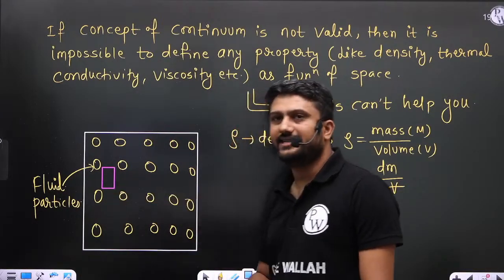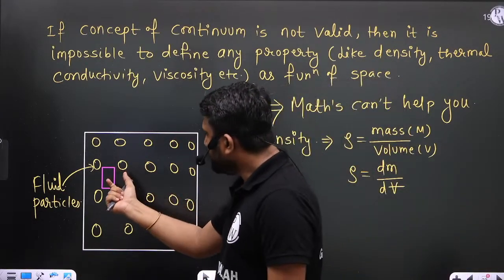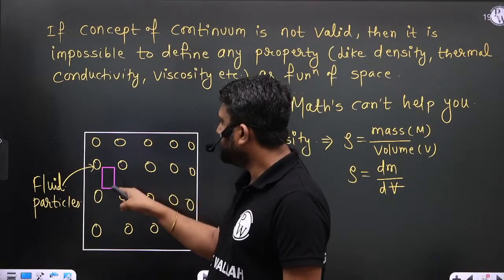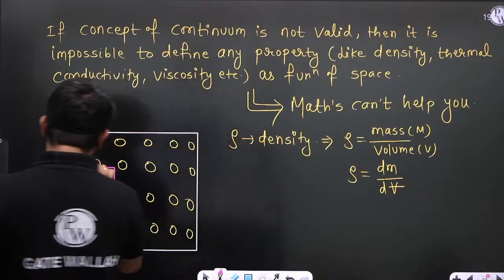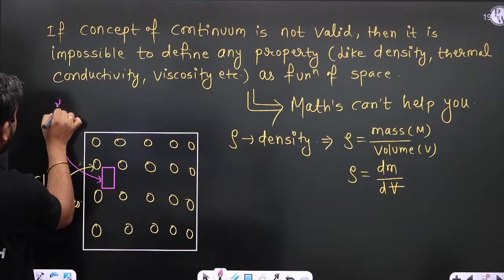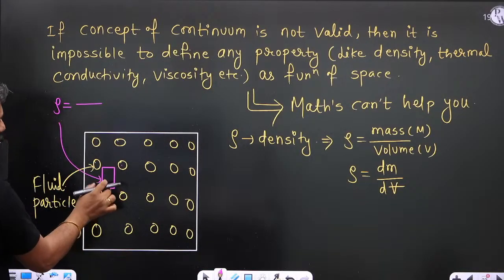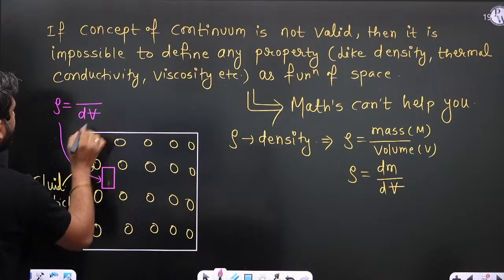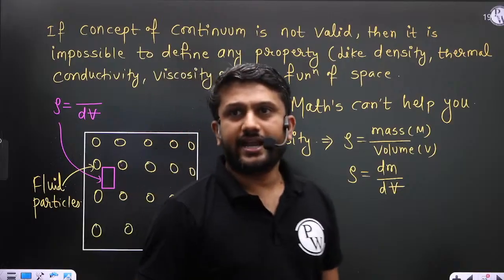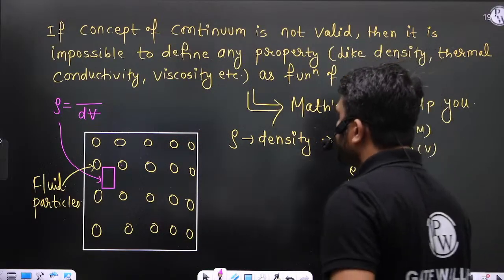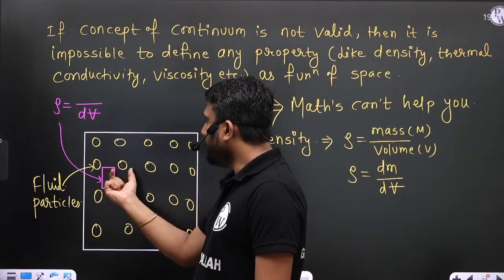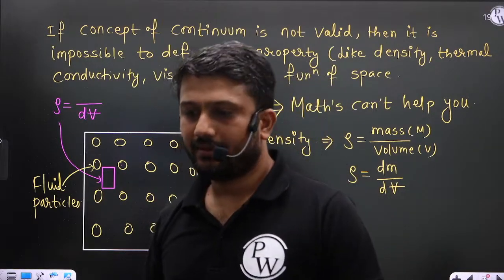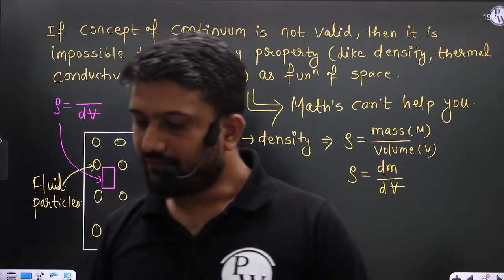So if I ask you what is the density here? Let us consider this is the small elemental volume, that is, dV. Now in this small elemental volume I want to define the density. Can anyone tell me what is the density?